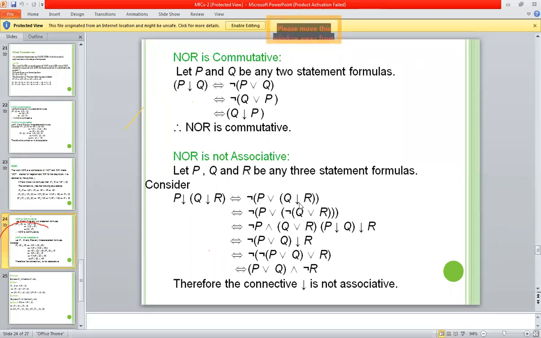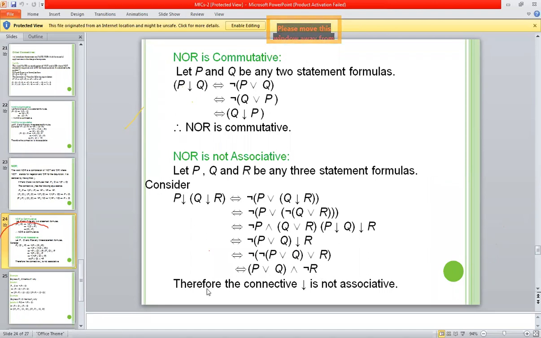Here also we apply the rule of NOR, negation of Q or R. Negation changes disjunction to conjunction, and the double negation is cancelled, leaving Q or R. For the other side, (P NOR Q) NOR R, we get negation of (negation of P or Q) or R, which by the NOR relation gives P or Q and negation R. This is not equal to the RHS of the associative formula.